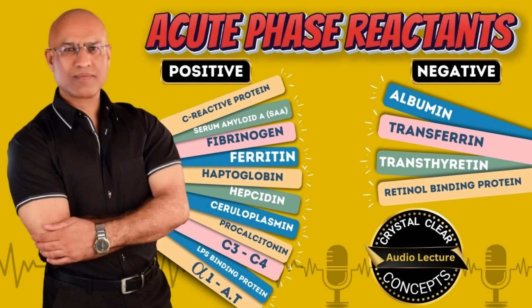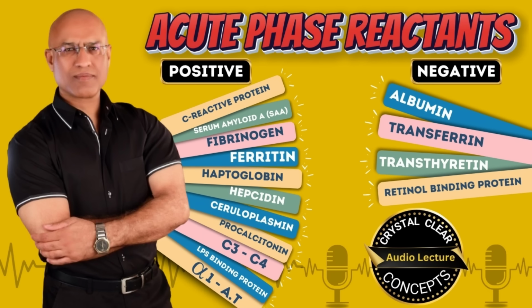And second was hepcidin, which destroys the ferroportins on mucosal cells, so new iron is not absorbed, and also destroys ferroportin on macrophages, so stored iron cannot be released efficiently.